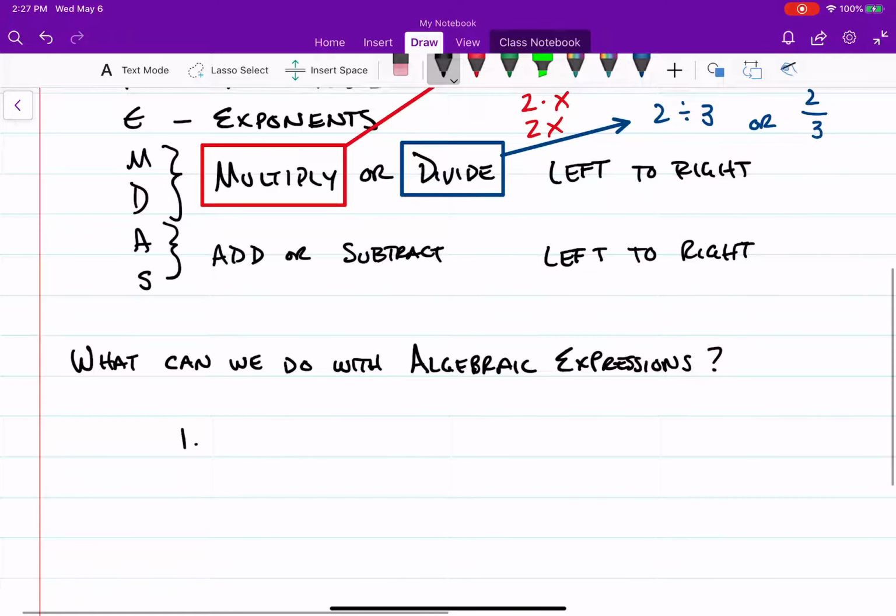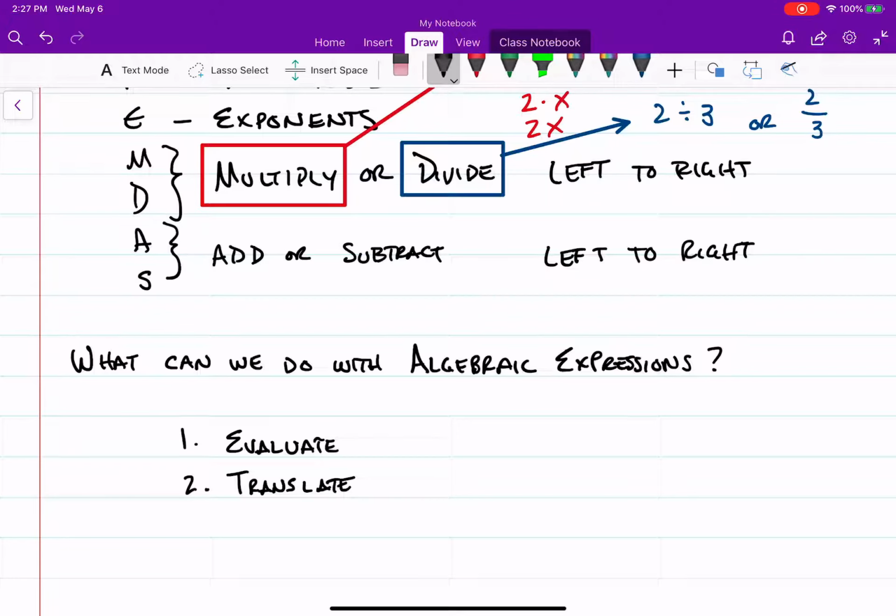One is that we can evaluate them. Two, we can translate them. And translating is basically putting words, we're translating words into those particular operations.